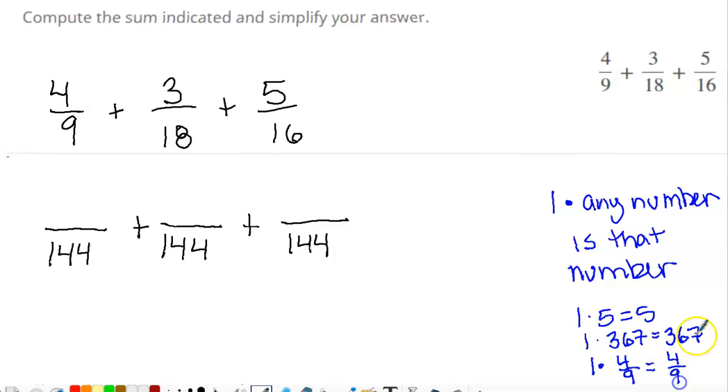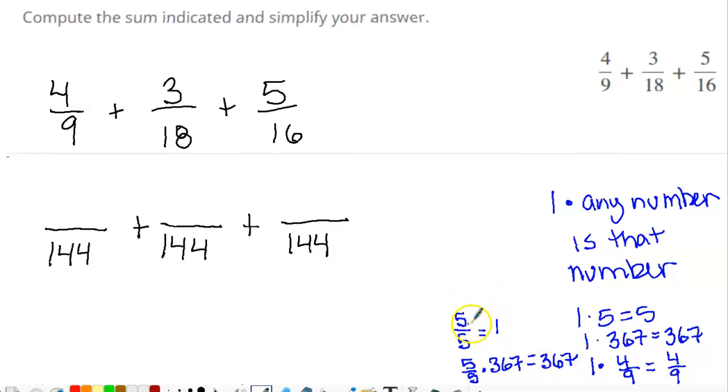Now we're using this rule in reverse from what we did before. Instead of pulling a 1 that looks like, for instance, 5 over 5 equals 1 because 5 divided by 5 is 1, so we did something like 5 over 5 times 367 is just 367.